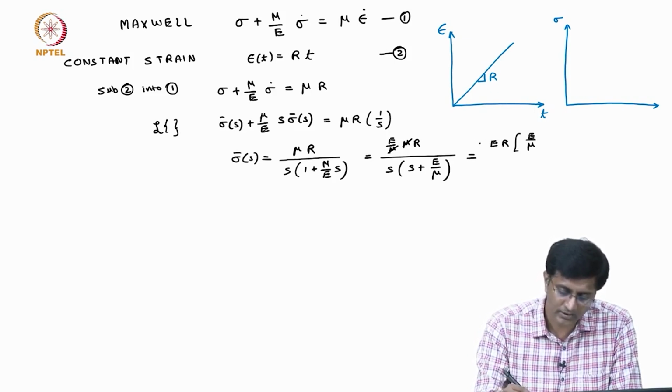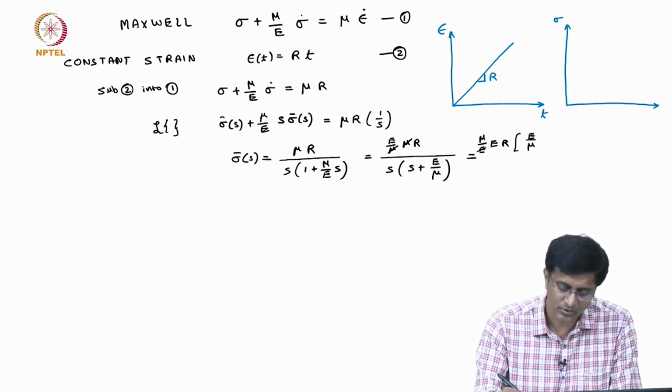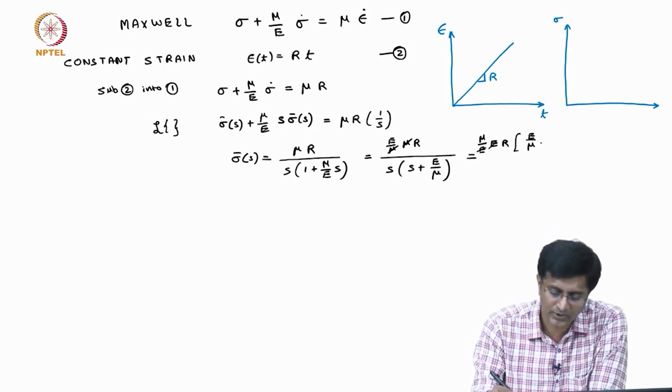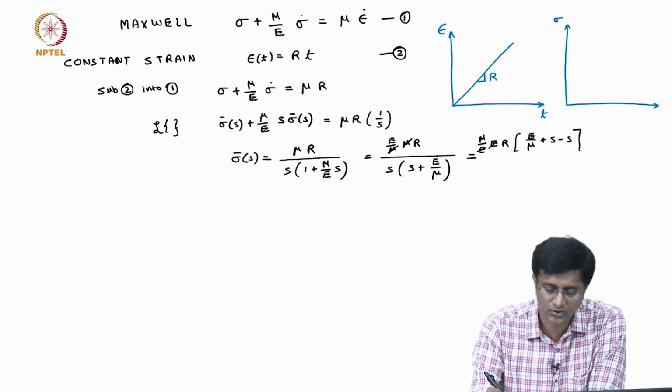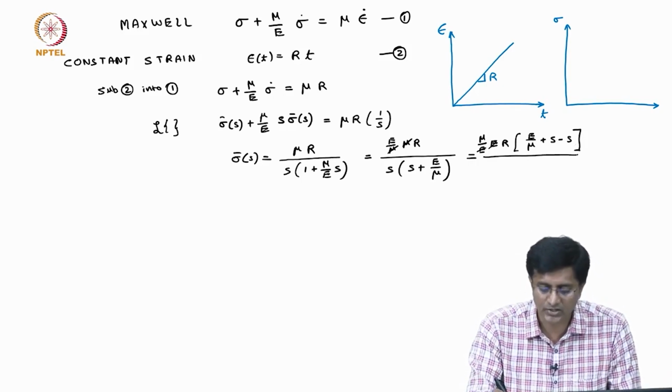For that, let us pre-multiply this by mu by E. These two will cancel out, and once we do that I will add s and subtract s, which should not change this constant. Once I write it in this fashion it allows further simplification, which we will just see.